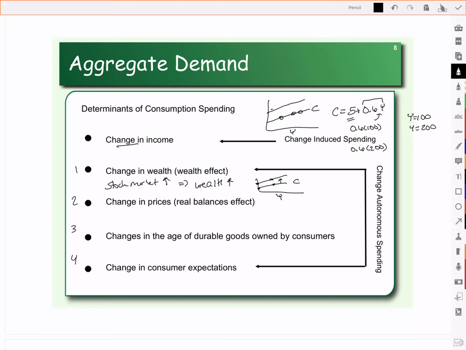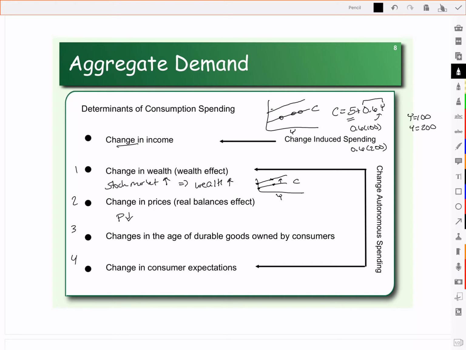The second thing that changes autonomous consumption spending is what we call the real balance effect. And the real balance effect has to do with a price change. Let's suppose the prices fall. Well, if prices fall, you now don't need as much money to buy the goods and services you were buying before, which means that the money in your savings account that you've been putting away for retirement, it goes further.